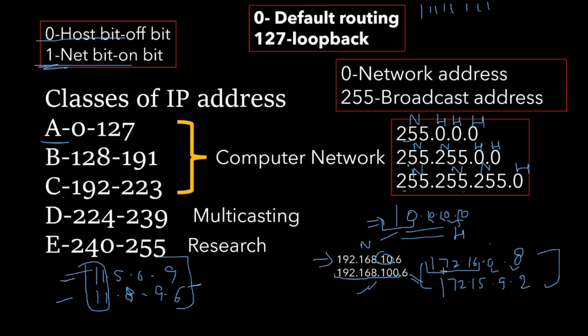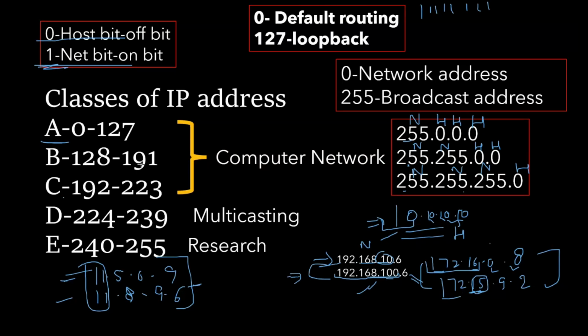So here 172 and 16 these two fields should be same. But in the second IP address, 172.15 is there. So that means that is a different address. Right? So this is how we can check whether your network is the same or not. In class C, you need to check three fields like this. Here 192.168.10 and 100, that means these are two different. This is how you have to check.